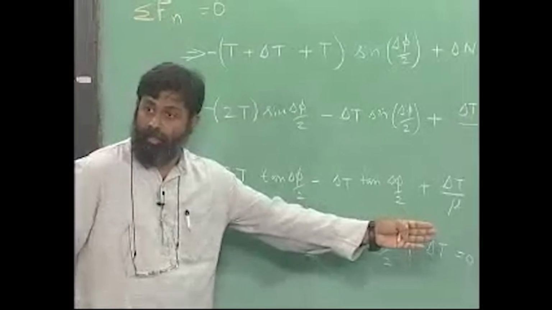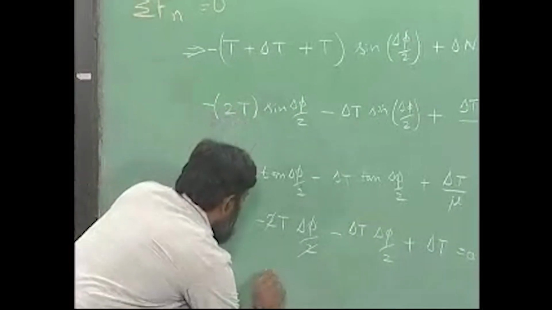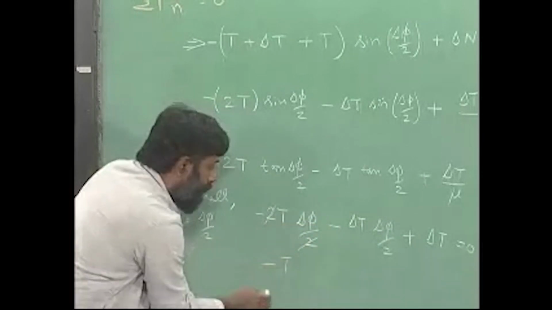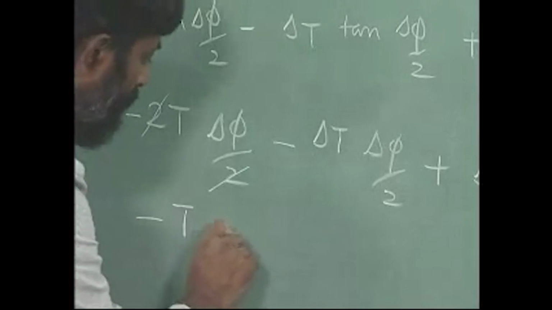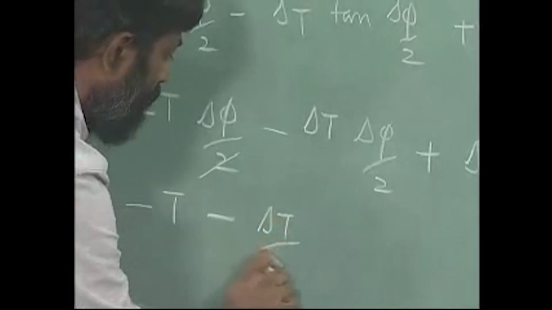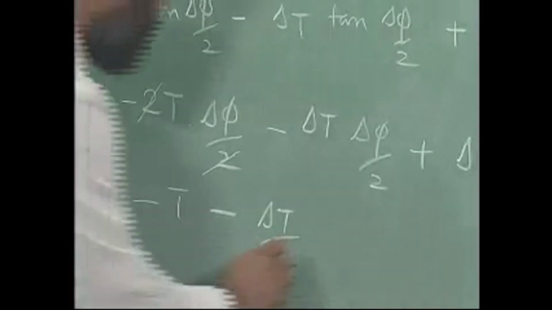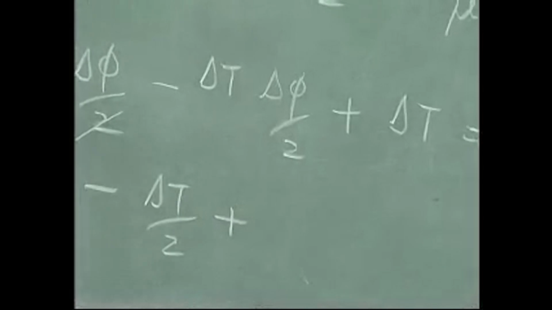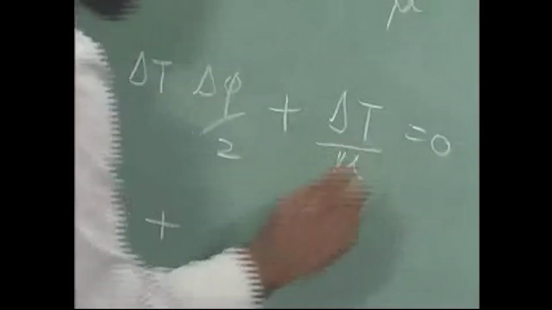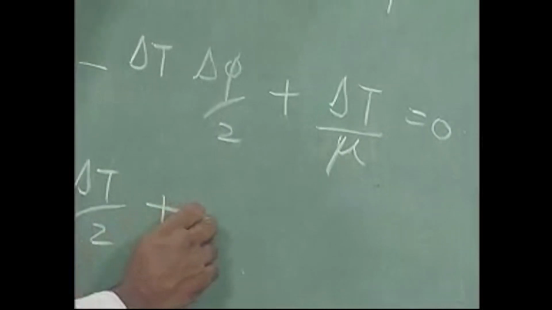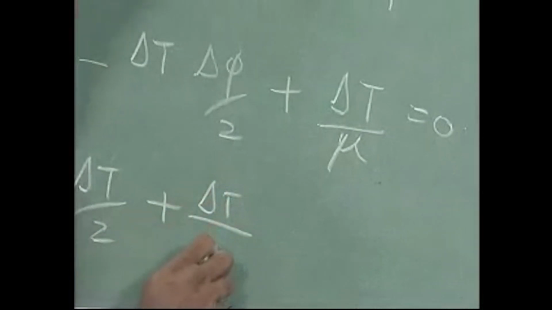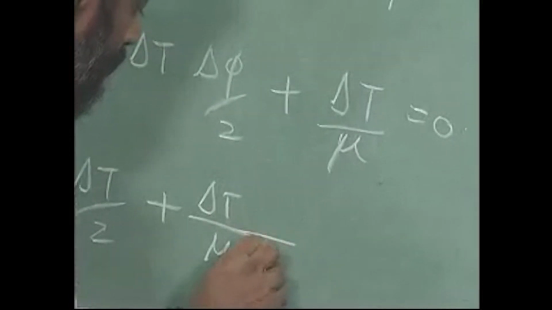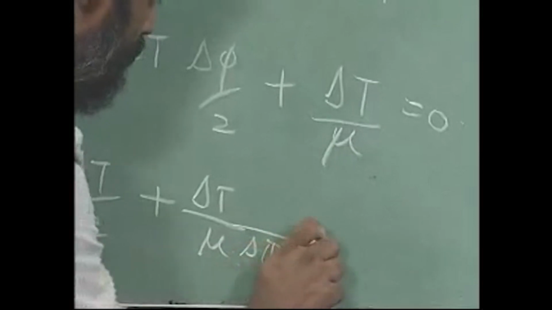Let us divide throughout by delta phi now, to get minus T times delta phi by delta phi, which is minus T, minus delta T by 2, plus, have we missed a mu here, yeah, plus delta T by mu delta phi, is equal to 0.